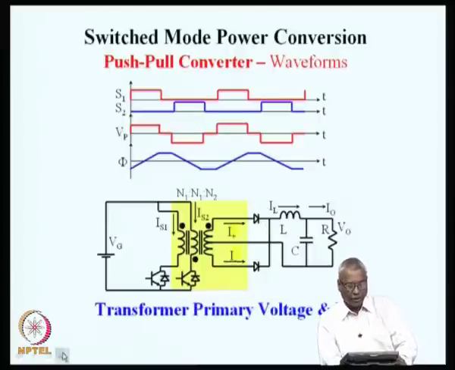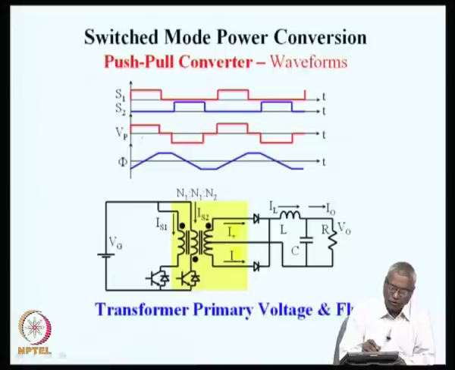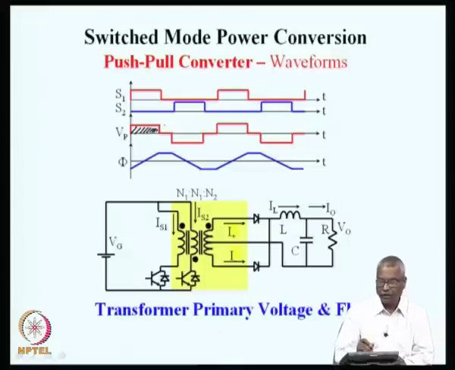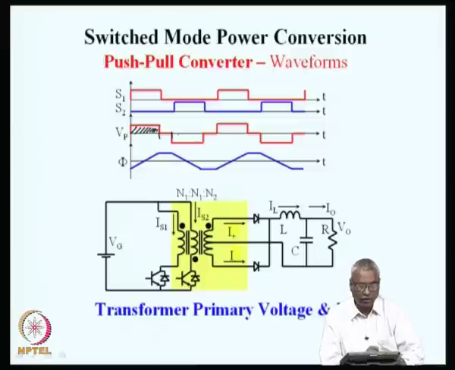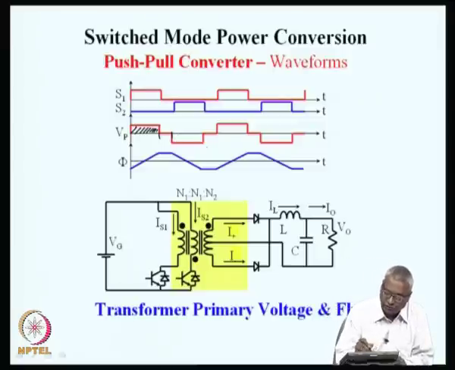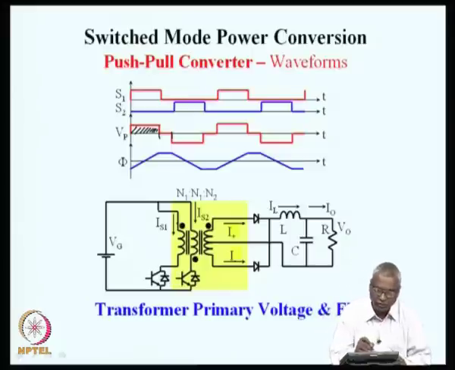Right. How about the transformer voltage and flux? During the time the switch is on, the transformer is subjected to a voltage which is positive for that winding. During the time when both switches are off, the transformer has no voltage, and during the time when S2 is on, because of the dot points being different, the transformer is subjected to a negative voltage.